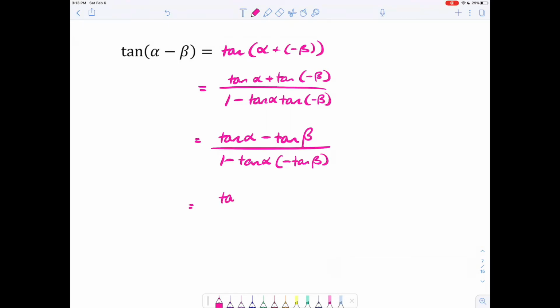So simplifying things, that's what we get. Done.